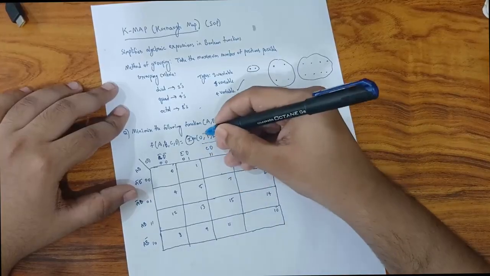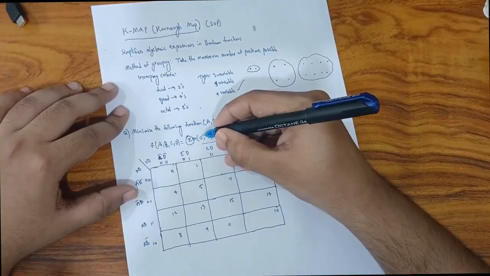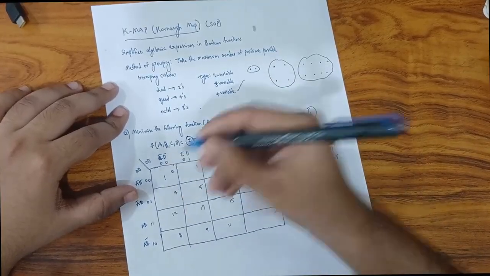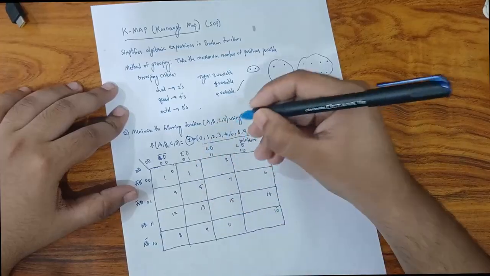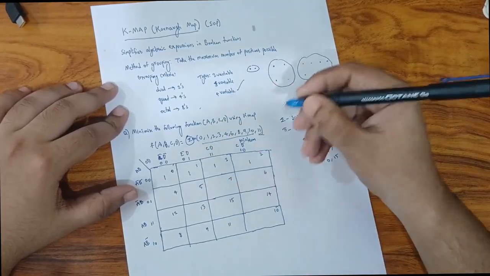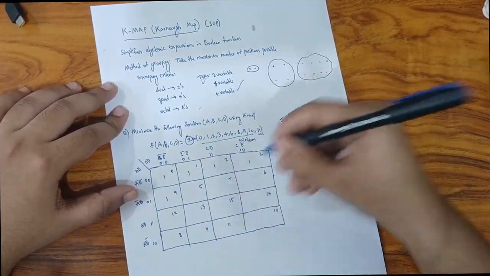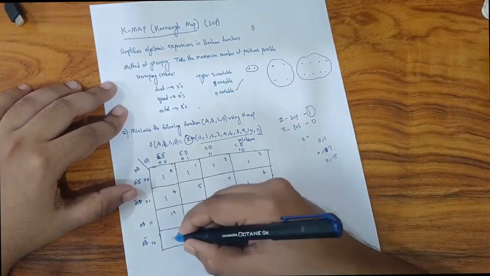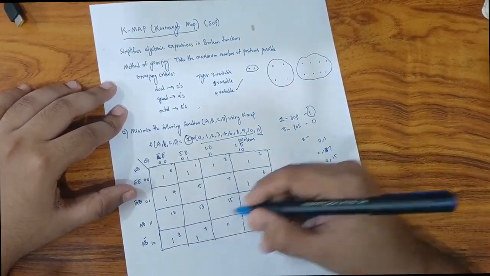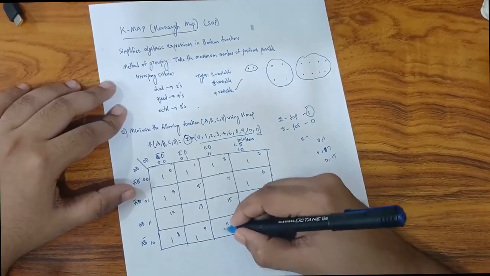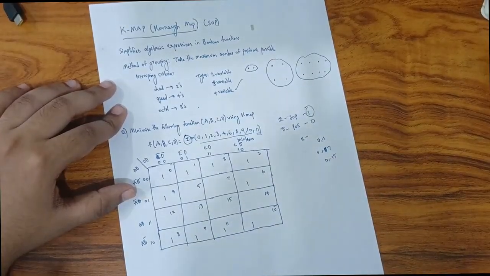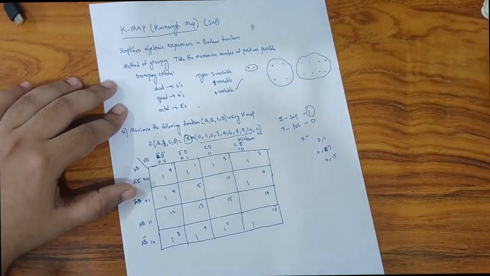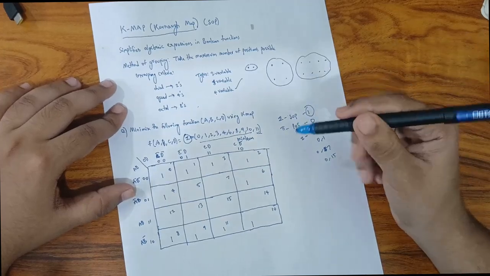We keep one at the 0th position, and one at first position, third, second, fourth, sixth, 8th, 9th, 10th, 11th.